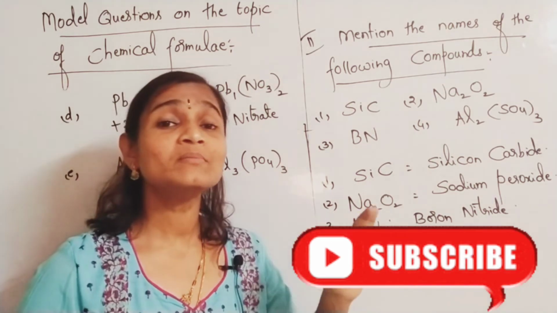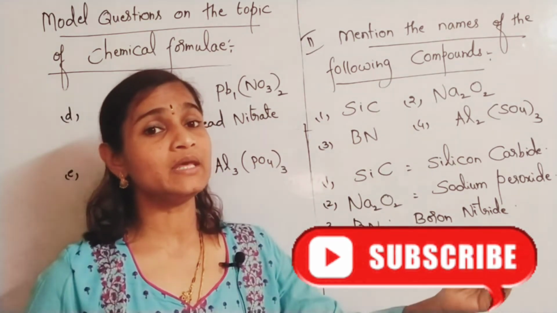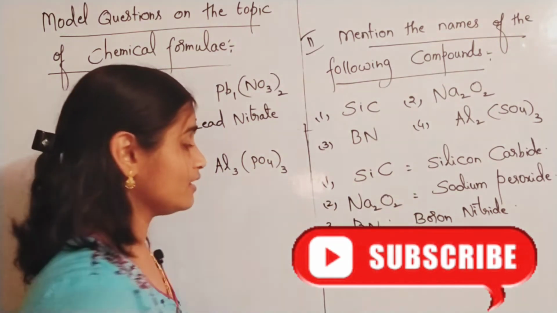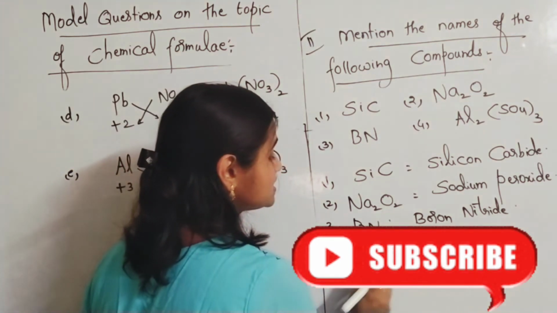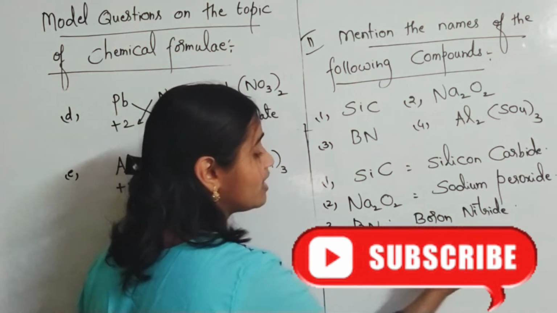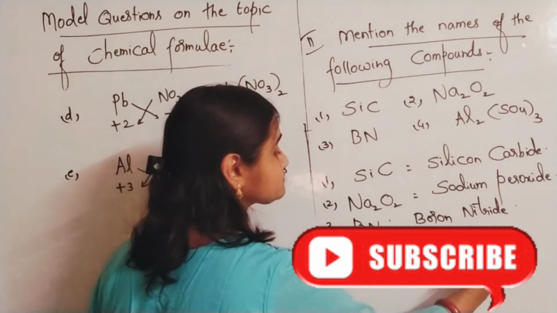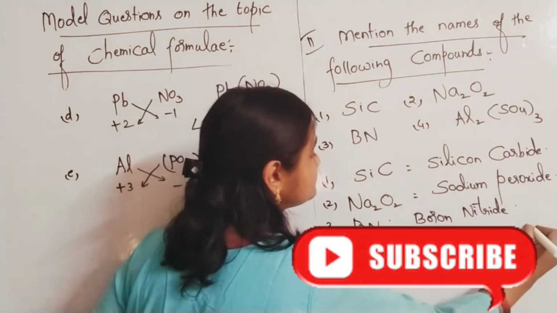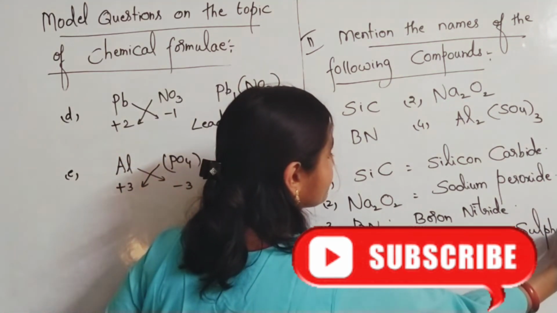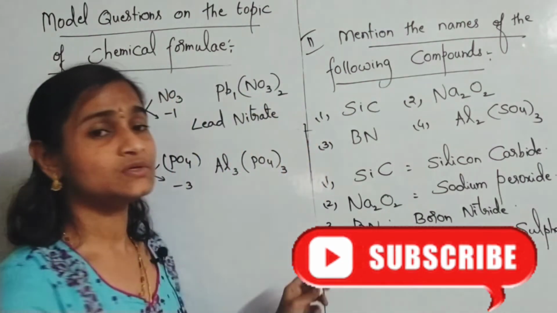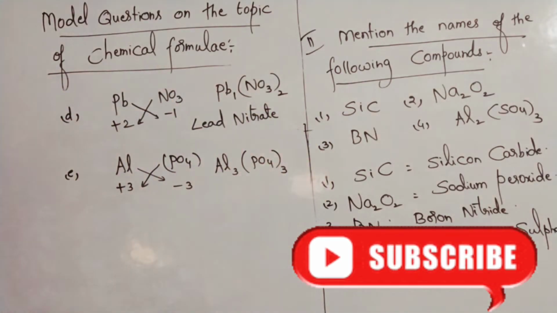If formula is given, then even you can write the name of the compound as well. Here, this is aluminium, this is sulfate. So, aluminium sulfate is the name of this compound. You will be getting questions like this only, all easy and simple questions.